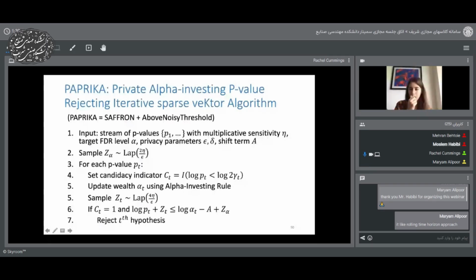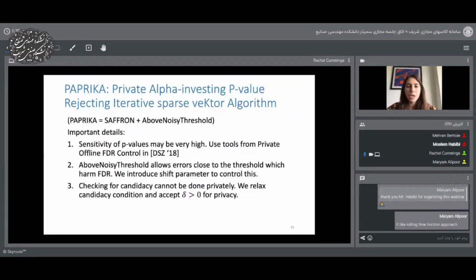And some important details are that our p-values may be high. So that's why we take logs on both sides, so we allow ourselves to compute sensitivity a little bit differently. The above noisy threshold accuracy guarantee is not precisely of the form that we want, and so that's what this shift parameter does.